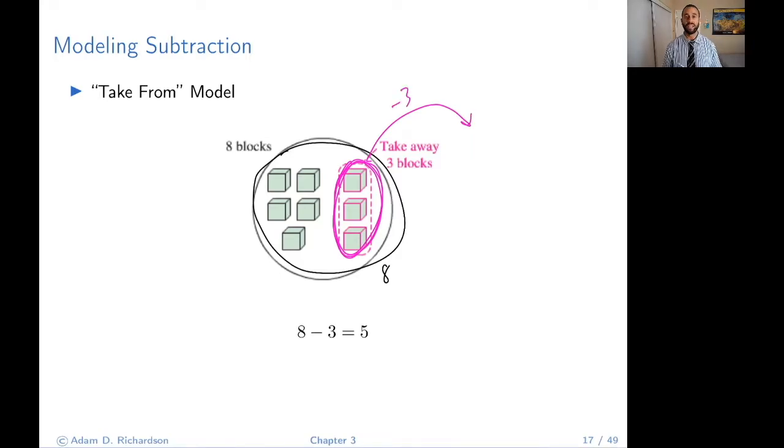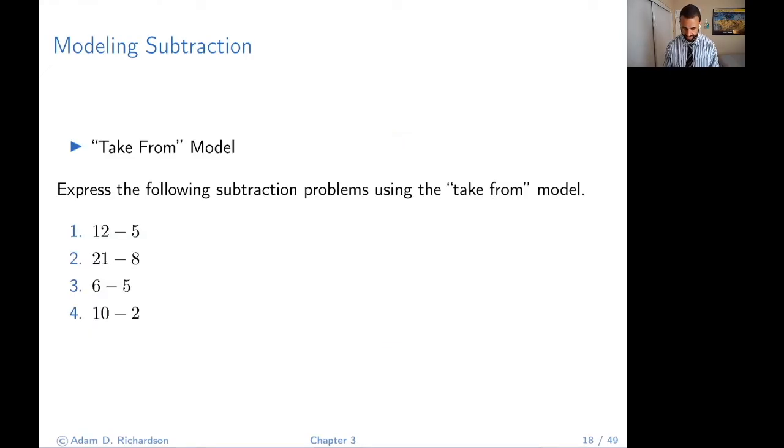This is the act of taking away 3. There's the illustration of the removal. We're illustrating the removal of those 3 objects. And then what's left is 5. And so that tells you that 8 take away 3 must be 5. All right, that's the idea.